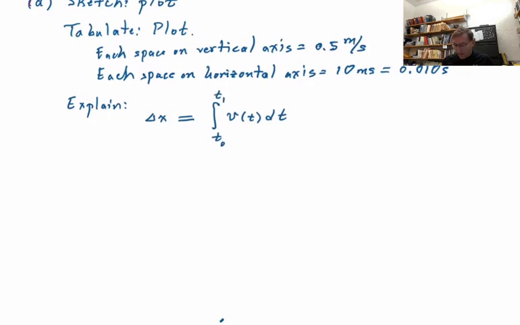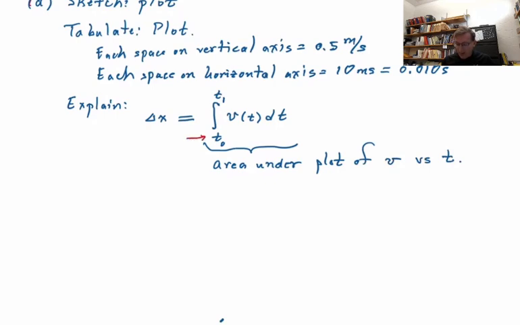And that integral of velocity with respect to time is area under the plot of v versus t, velocity versus time. The initial t is 0.